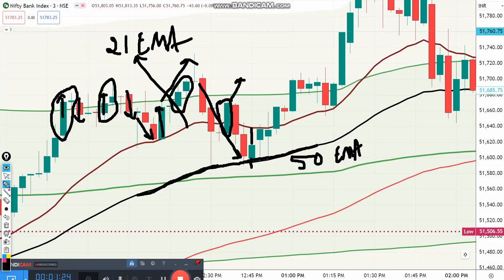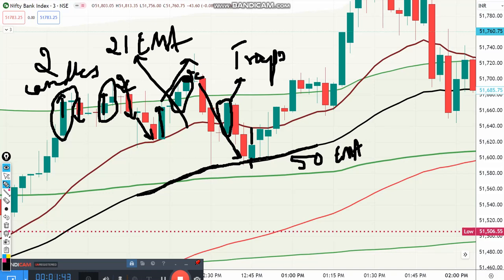So this is the first candle. This is a trap. So two candles here. Similarly, two candles and two candles. Two candles and two candles here also.